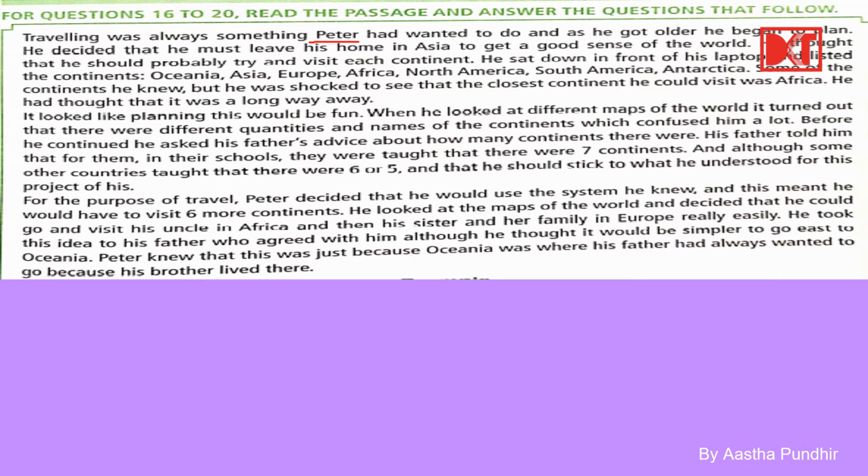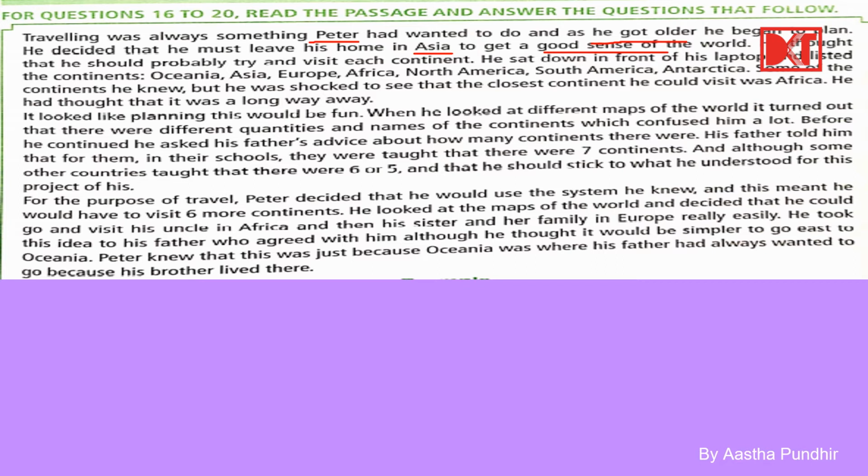So traveling is something जो Peter ने हमेशा सोचा था कि मैं ये करूँगा. तो जब वो बड़ा होने लगा, as he got older, he began to plan. उसने अपनी planning शुरू कर दी. फिर क्या हुआ? He decided that he must leave his home in Asia to get a good sense of the world. तो उसने डिसाइड किया कि मैं एशिया में अपना घर छोड़ के, I will try exploring the world, trying to get a good sense of the world. मतलब world explore करना शुरू करेगा. Then he thought that he should probably try and visit each continent.